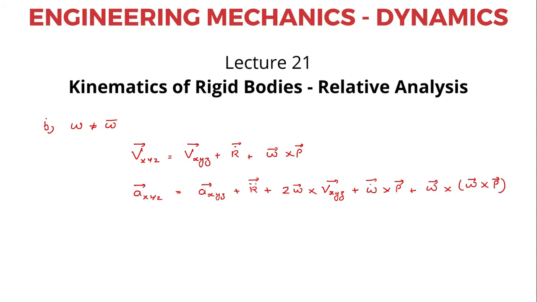So this was the equation for velocity and acceleration as we had derived in the earlier lectures. Now today we will do some problems in a case of relative motion.